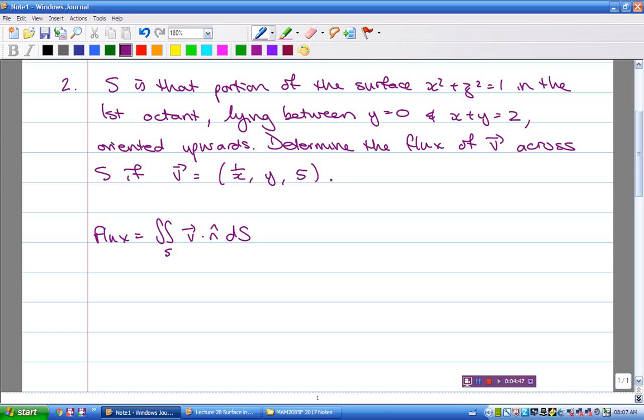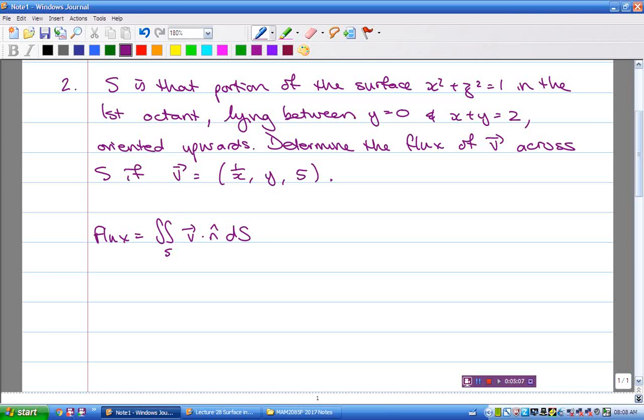When you do a flux calculation, you are going to use your surface equation twice in 2 different ways. The one way is you're going to get your conversion factor. And for your conversion factor, you need to make one of your variables the subject of the equation so that you can work out your two derivatives.